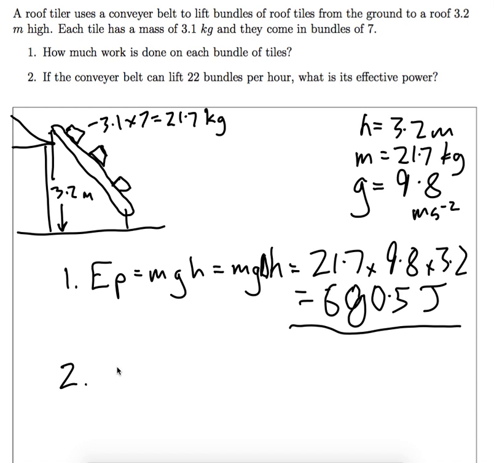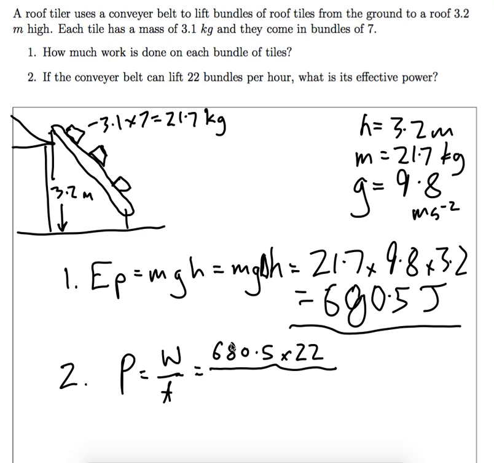So what's its power? So its power equals work per unit time. Now, how much work is it doing every hour? It's doing this much, 680.5, times 22, because it's doing 22 bundles per hour. So that's the total amount of work it's doing each hour.